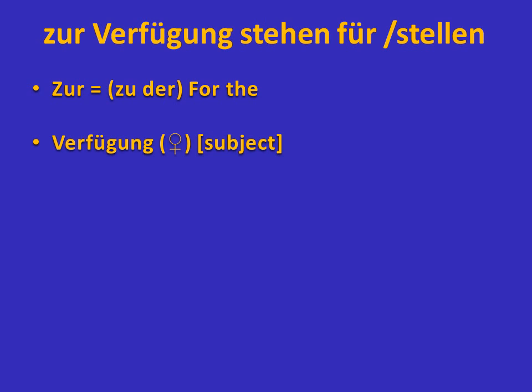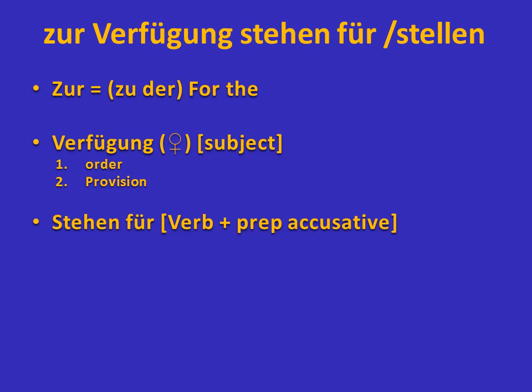So first I want to separate each of the words so we will understand literally what each of these words means. "Zur" is the contraction of "zu der", that means for, the. "Verfügung" is the noun that is feminine and means order, to order something or to provide something, the provision of something.